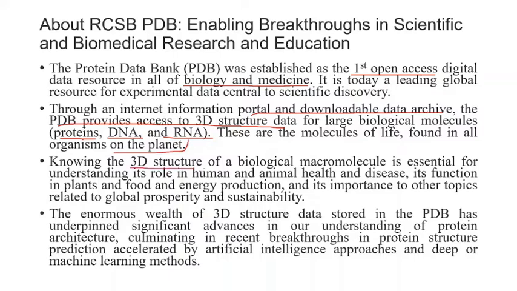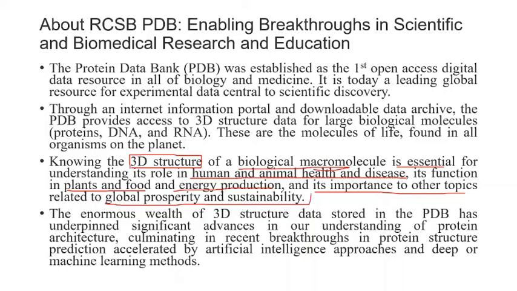Knowing the 3D structure of these biological components is very essential to understand the roles of these macromolecules in human and animal health, or the diseases related to different mammalian systems or any other animal or organism. Their functions in the plant, in the food, energy production, and its importance to other topics related to global prosperity and sustainability.